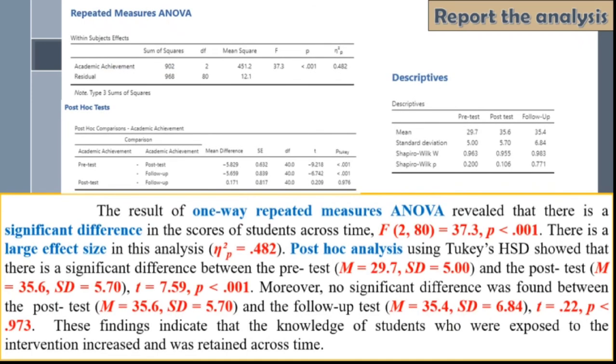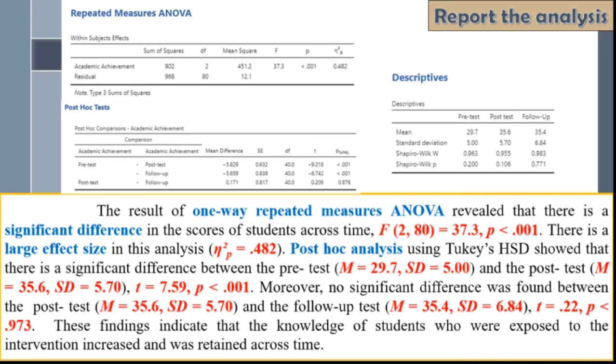The result of one-way repeated measures ANOVA revealed that there is a significant difference in the scores of students across time, represented by the given values. There is a large effect size in this analysis, represented by the given value for the partial eta squared.